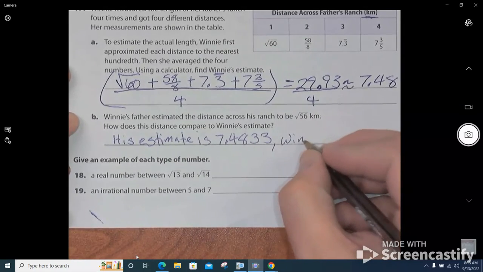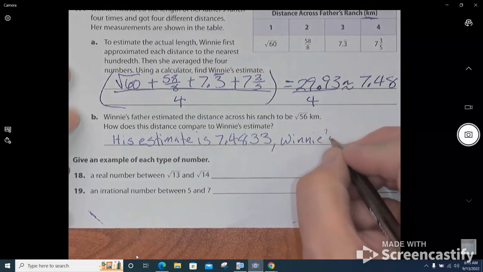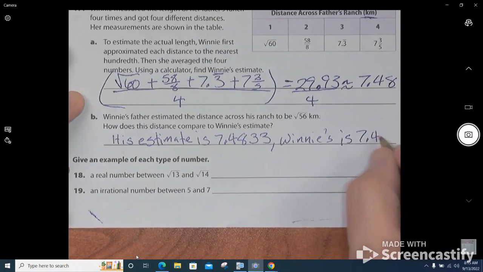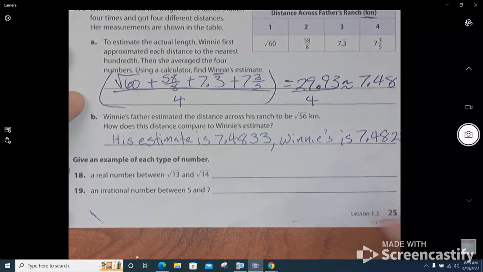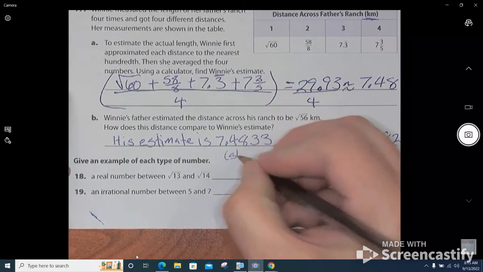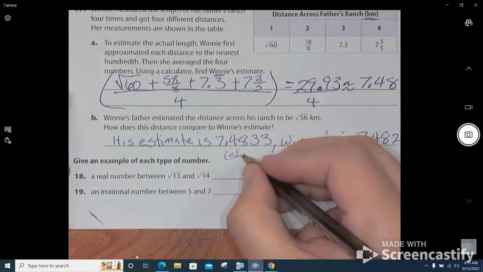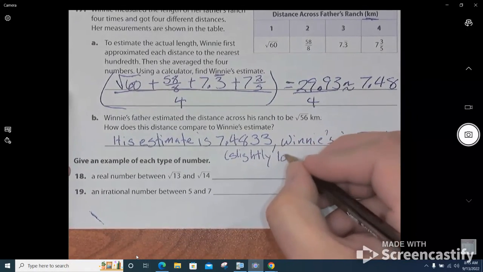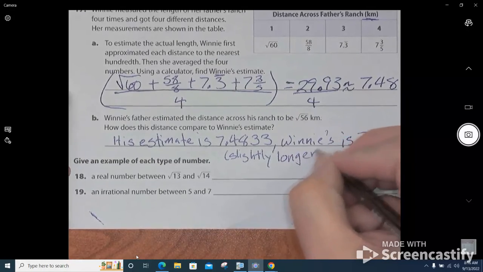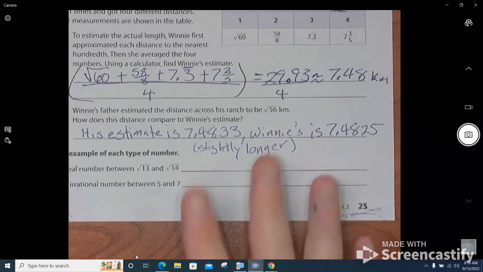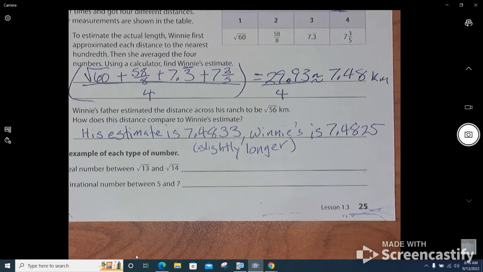Winnie's is 7.4825. And you could say slightly longer. What did the back of the book say? They said it'd be the same, pretty much, because they're approximately.